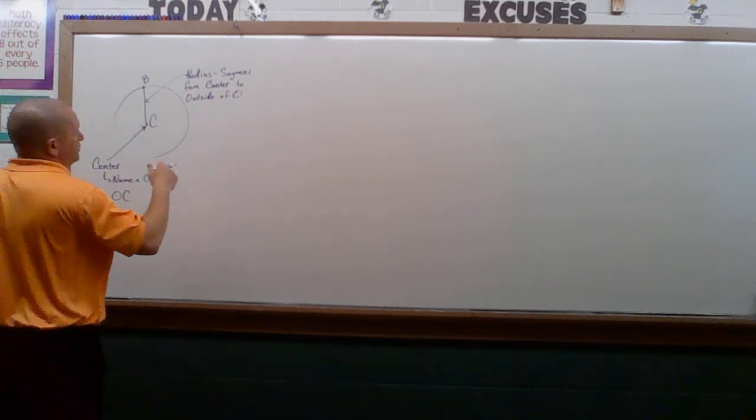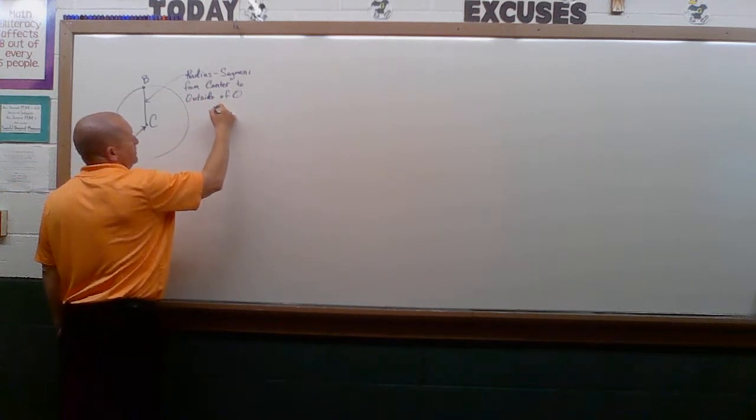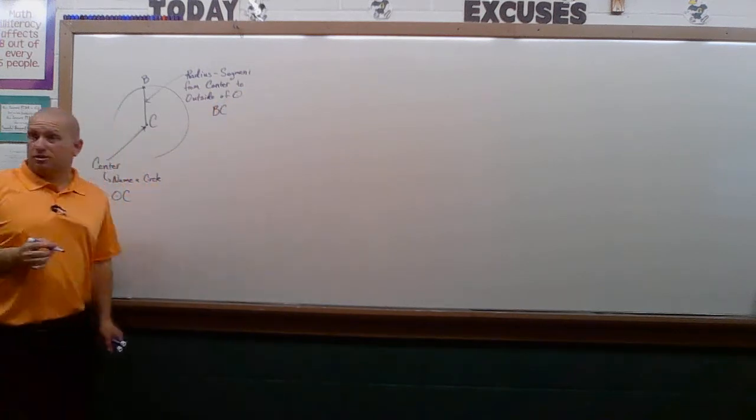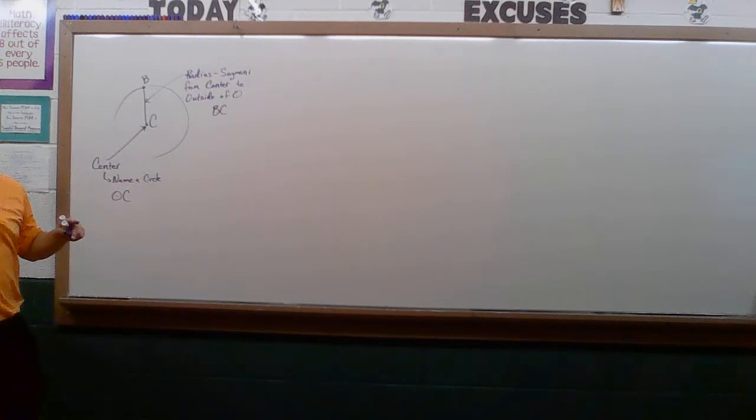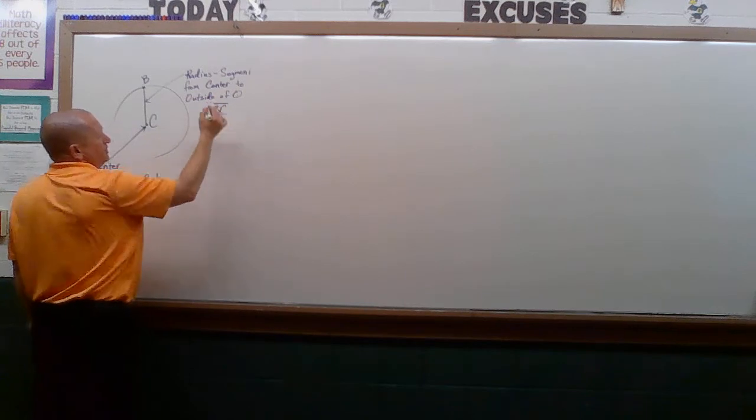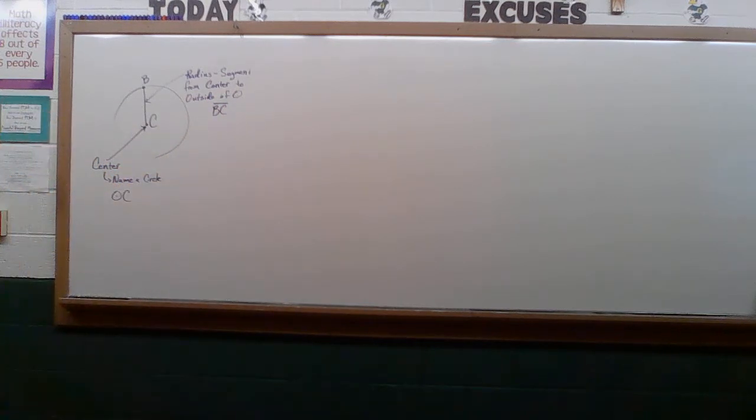And so then we're going to name that segment with 2 letters. So we're going to name it BC. And realistically, we can put a segment symbol over top of it.